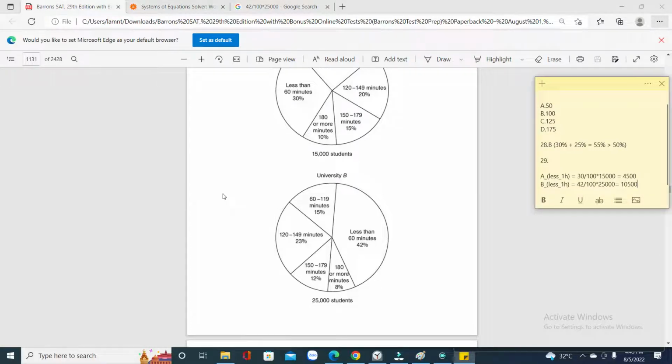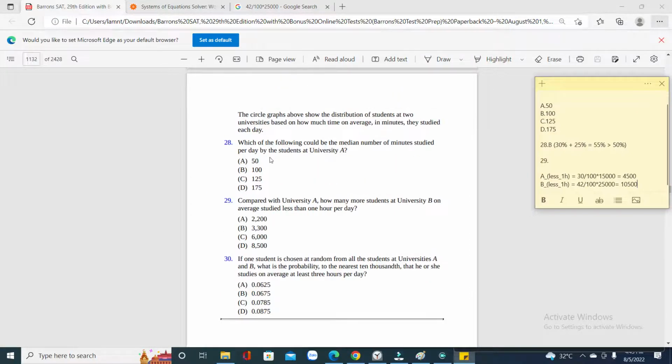So the difference is 10,500 minus 4,500, which is 6,000. So the answer is going to be C.